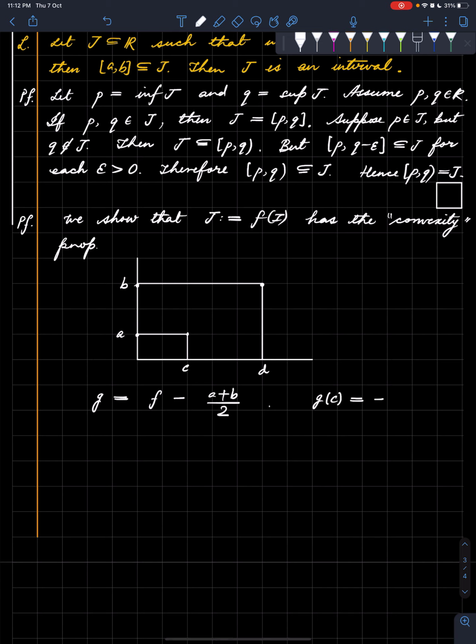It is a minus b by 2, which is negative because a is less than b, and g of d is (a plus b) by 2, I think.